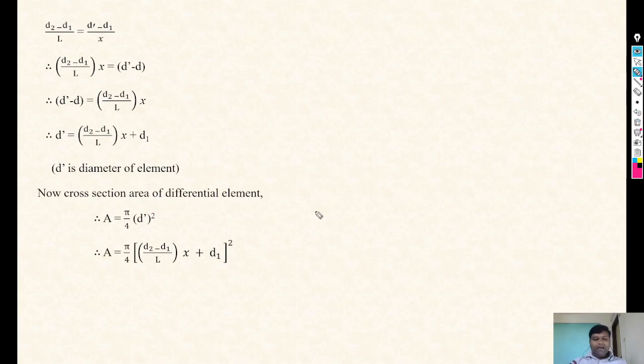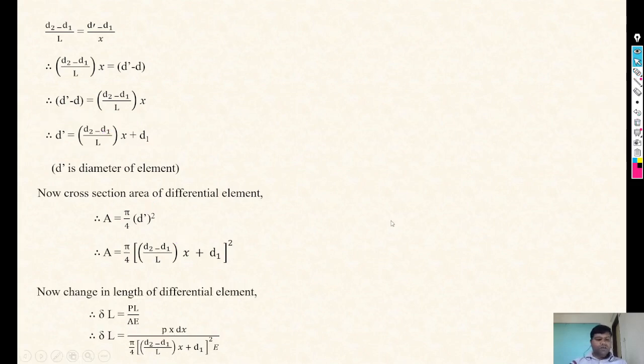So the area for that small element is pi by 4 into d dash square. But d dash is how much? This is our d dash. Okay, so just put d dash equal to this value, that is d2 minus d1 divided by L into x plus d1 whole square. So this is the area of our circular section.